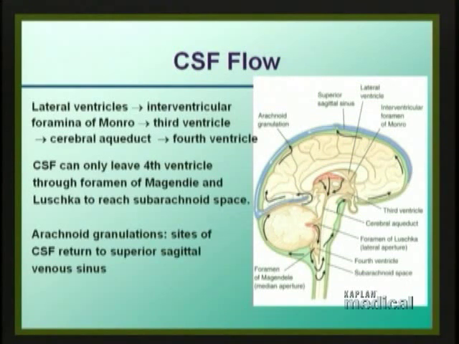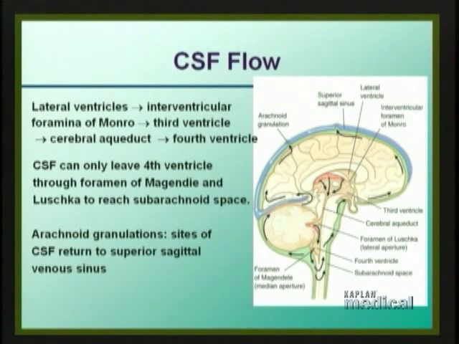And the fourth ventricle contains 3 openings that allow CSF to exit and dump into the subarachnoid space. They are the single midline foramen of Magendie, which is illustrated on this slide, as well as a pair of foramina of Luschka that exit laterally from corresponding points in the fourth ventricle.